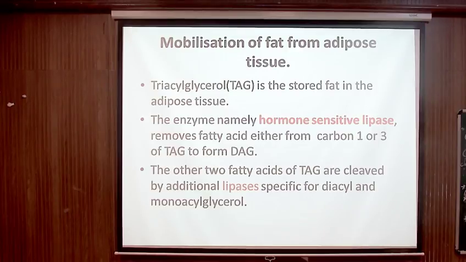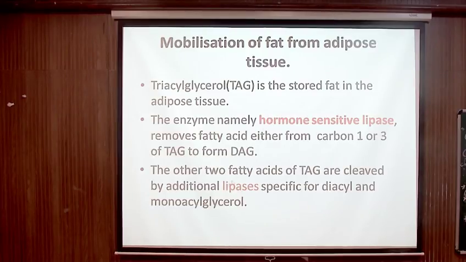they undergo beta oxidation. What is the importance of beta oxidation? It is to generate energy. The hormone sensitive lipase removes the fatty acid from the triacylglycerol, usually from carbon atom 1 or 2. The reason we call it hormone sensitive lipase is that for the triacylglycerol to be lipolyzed or mobilized from the adipose tissue, we need the action of certain hormones.